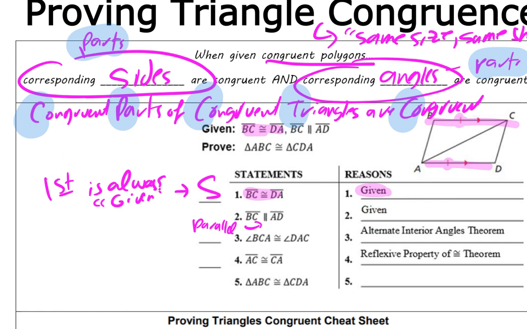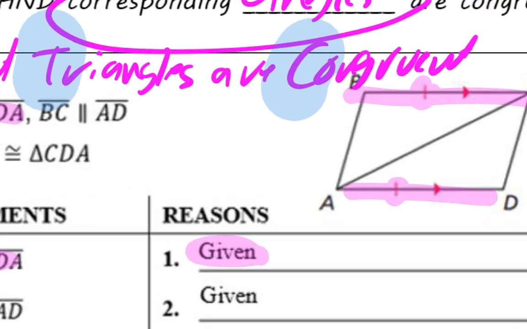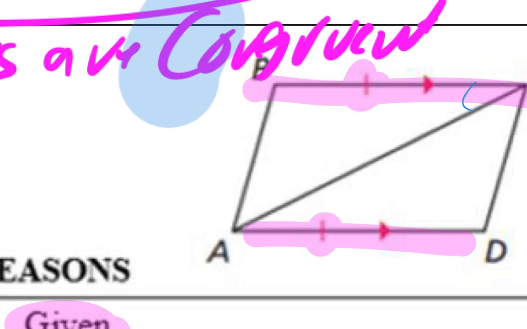Next, if this is equal to this, and that's parallel to that, then we also know that angle BCA is congruent with angle DAC. How do we know that? We talked about when we have parallel lines cut by a transversal, then the angles created right over here and right over here are congruent.